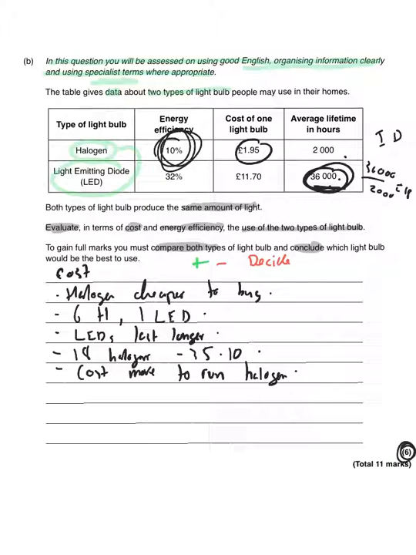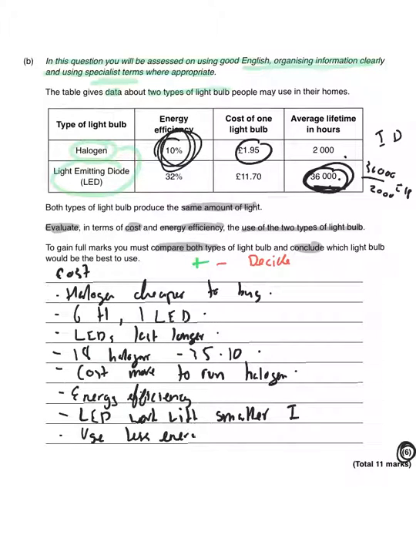And in terms of energy efficiency, there's another set of answers we could use. Energy efficiency, my handwriting's terrible. We could say that LEDs, and this is based on things we know, work with a smaller current. They use less energy, so your bills will be cheaper.